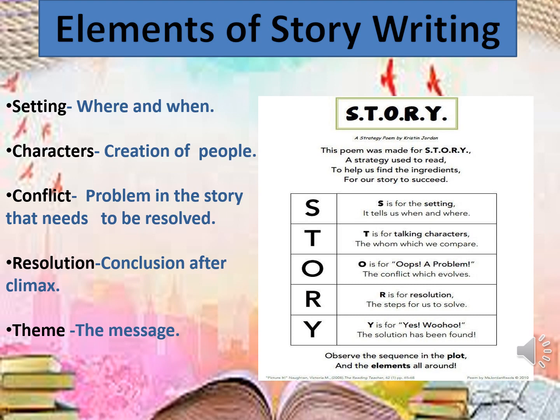As students, you can see I have made a box. S means setting. It tells when and where. T is for talking characters. O is for oops, a problem. R is for resolution, means solution. Y is for yes, wow, the solution has been found.